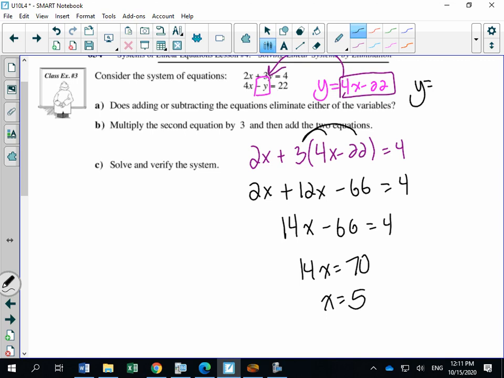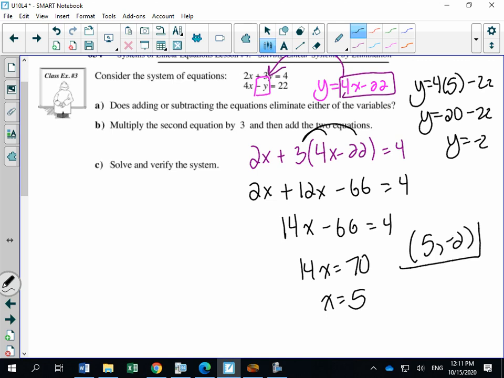So y is equal to 4 times 5 minus 22. Y is equal to 20 minus 22. Y is equal to negative 2. So my answer is 5 comma negative 2 by substitution.